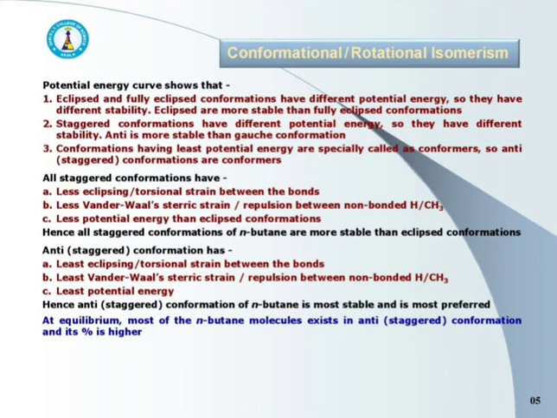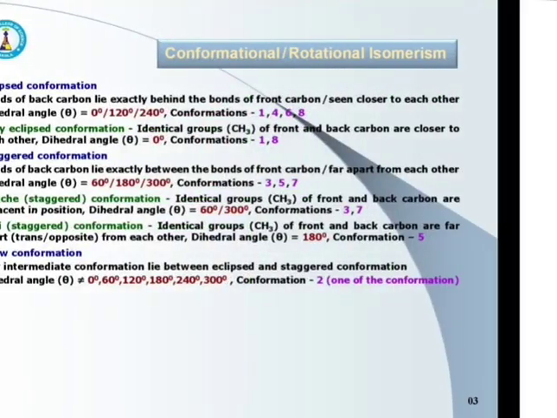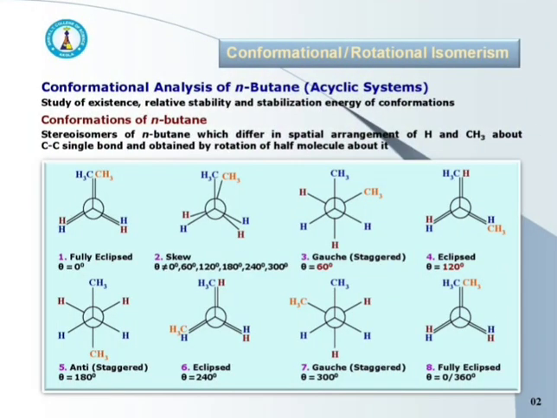Now concentrate on anti-conformation. Anti-conformation has least eclipsing or torsional strain. It has least van der Waals steric strain, that is repulsion between non-bonded hydrogen and CH3 groups. See the anti-conformation, that is conformation number 5.